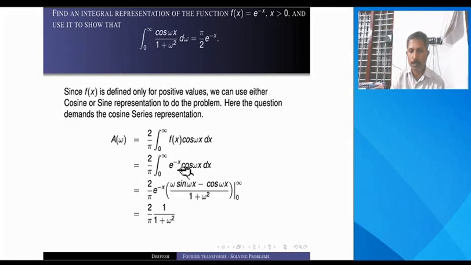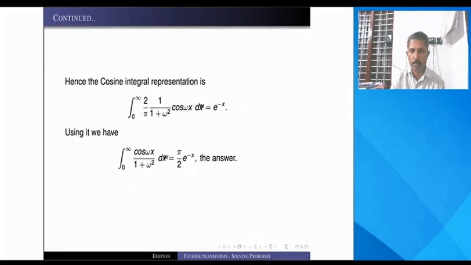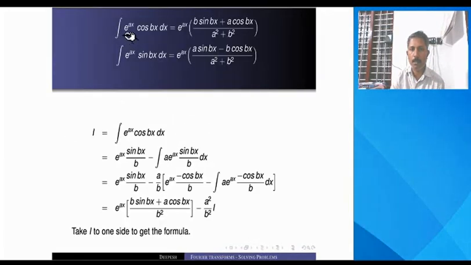And for doing this kind of problem, you have a simple formula: the integral of e raised to ax into cos bx dx is equal to e raised to ax into b sin bx plus a cos bx divided by a square plus b square.